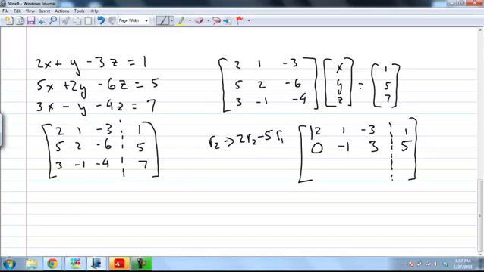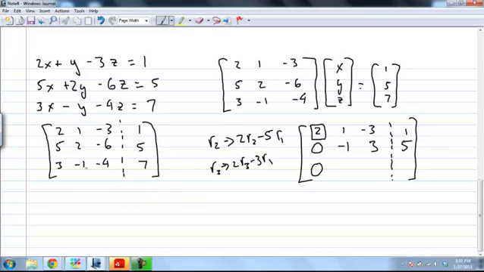I'll use this pivot once again to eliminate the third row first column. So in this case, row 3 is going to transform to twice row 3 minus 3 times row 1. That'll give me a 0.